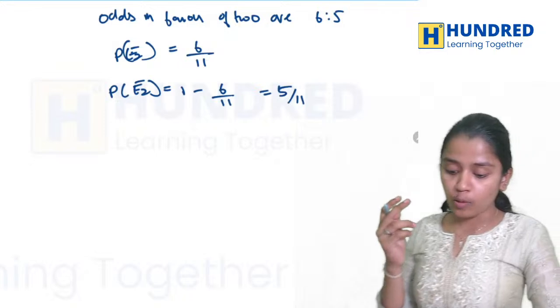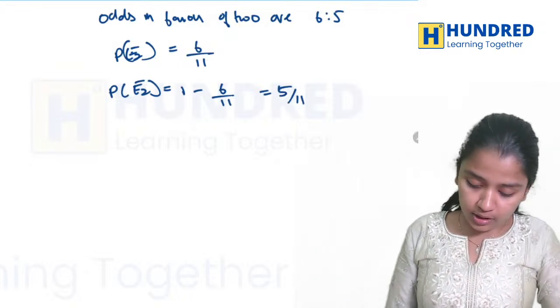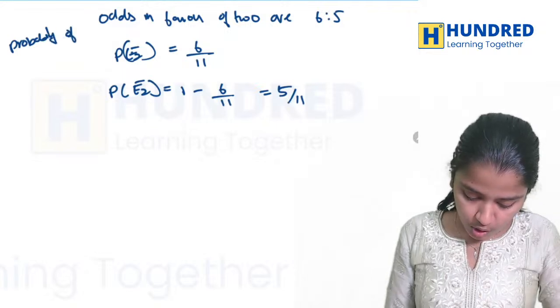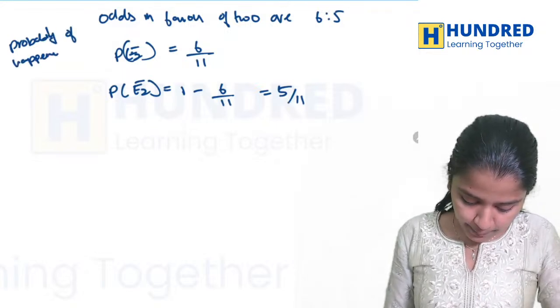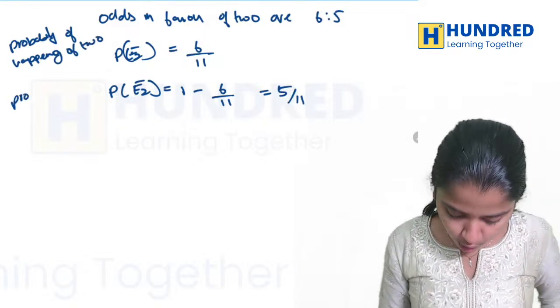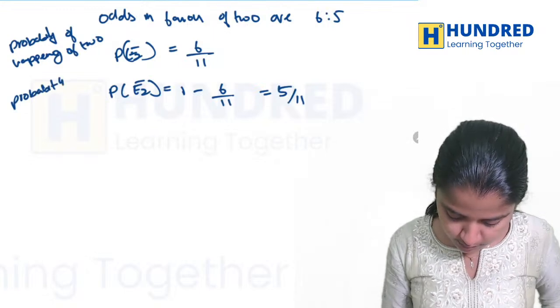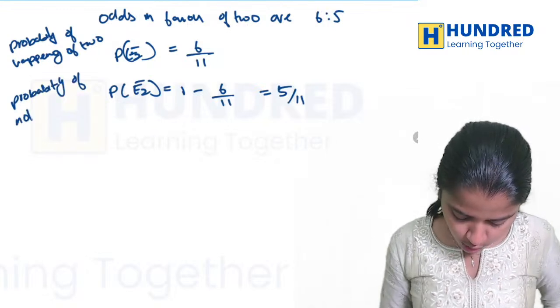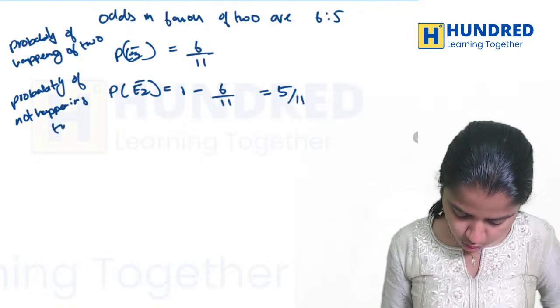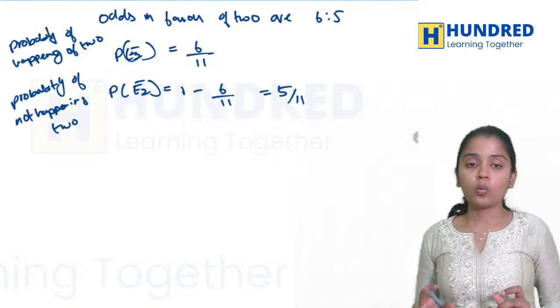Okay, wait a minute, the probability of happening of 2, and the probability of not happening of 2 is this, 1 minus 6/11.